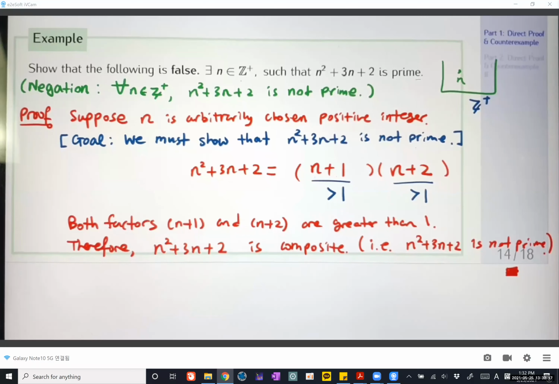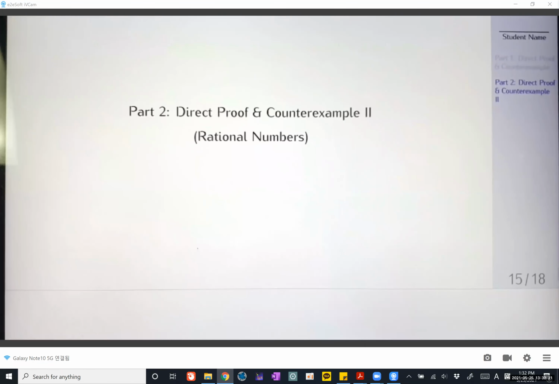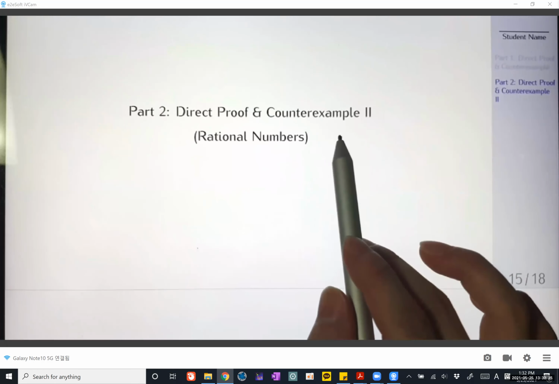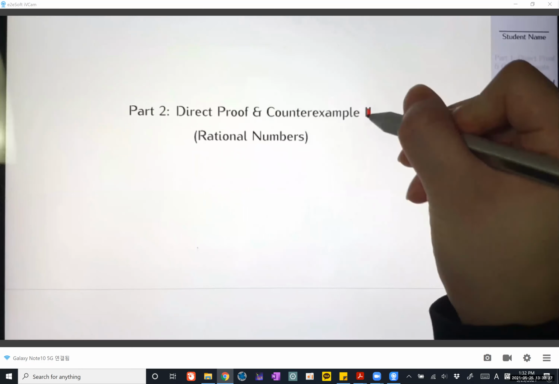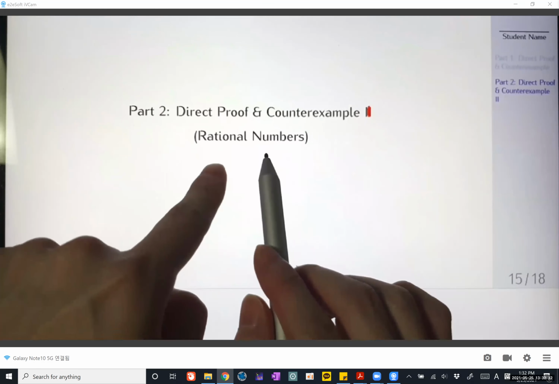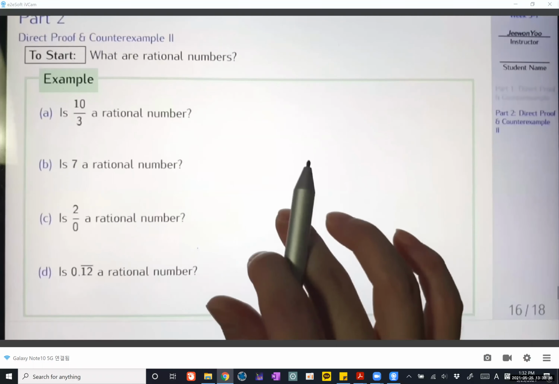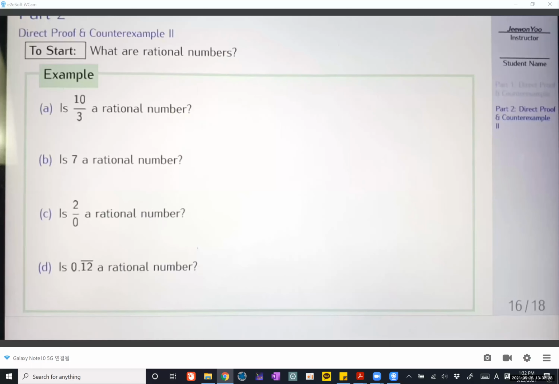All right. Next, we're going to do direct proof and counterexample, still part one in the overall video, but we're talking about rational numbers. Since this is going to be very easy, I'm going to do it really quick.